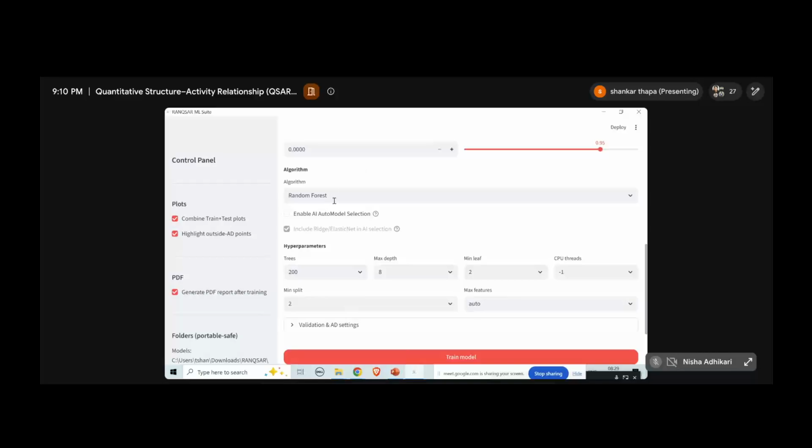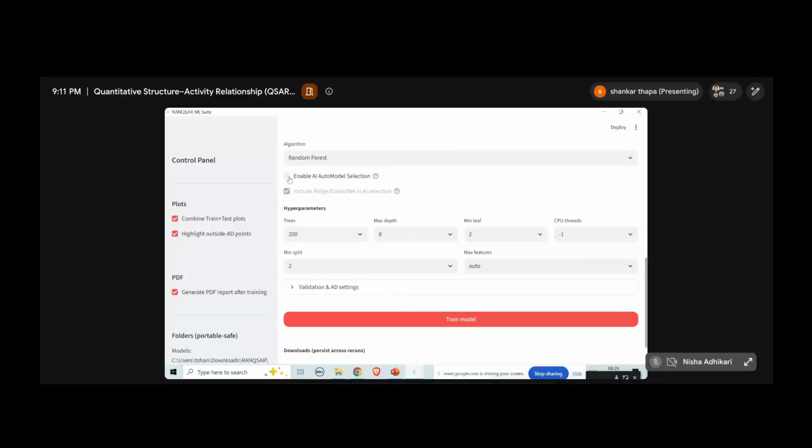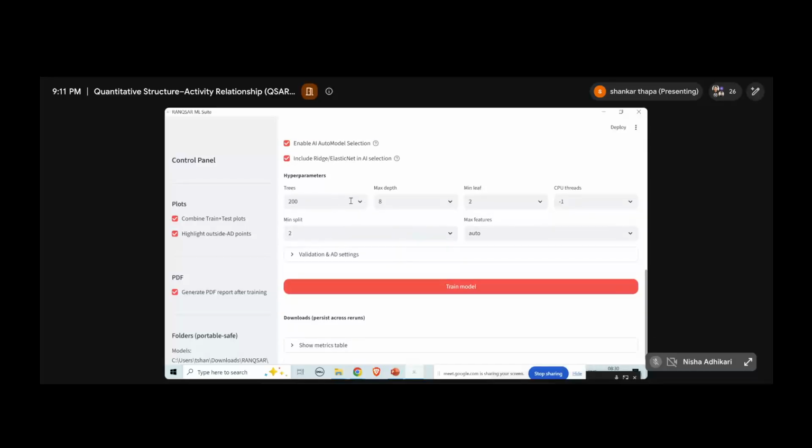I'm choosing the random forest. Another thing: now let the AI select the best model for you. No need to manually find out and select. If you click this one, enable AI automated selection, the AI will automatically select the best model for you. These hyperparameters, I think no need to change. Let it be as it is.